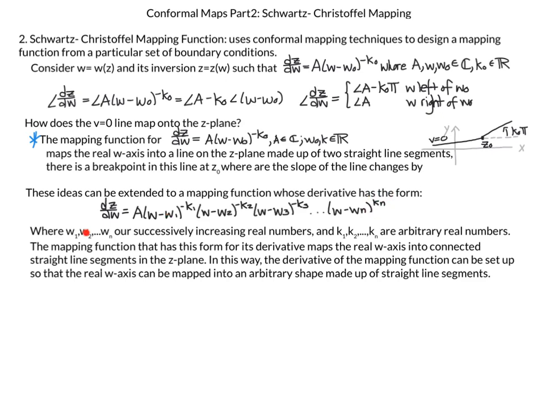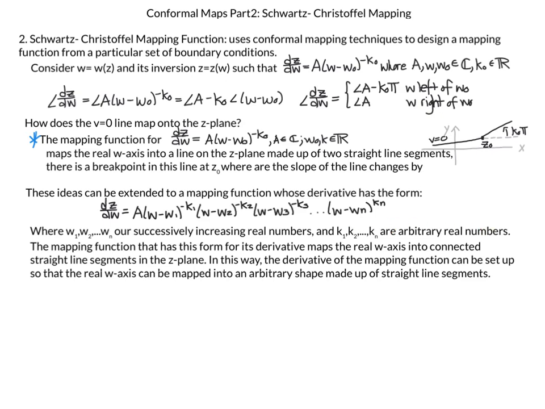And our w1, up to wn, correspond to different complex numbers, and they map over to our z1, z2, up to zn. And at each of those points, I should say, we also have these k1, k2, k3, up to kn. These are increasing and they're arbitrary real numbers.